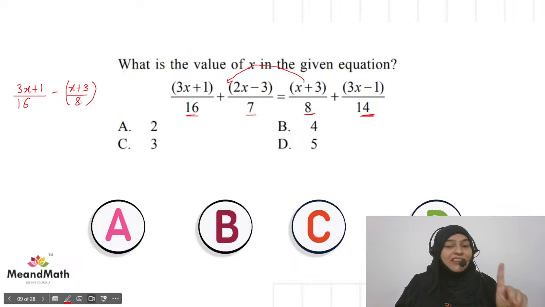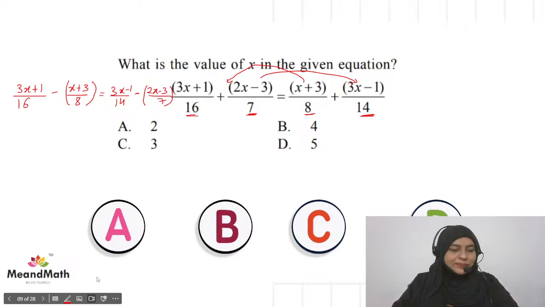Always remember that whenever there is a negative sign, put a bracket there. Now, next term is 3x minus 1 is equal to 14. Take this term here. Why? Because here the denominator is 7. So negative (2x minus 3) divided by 7. Okay?